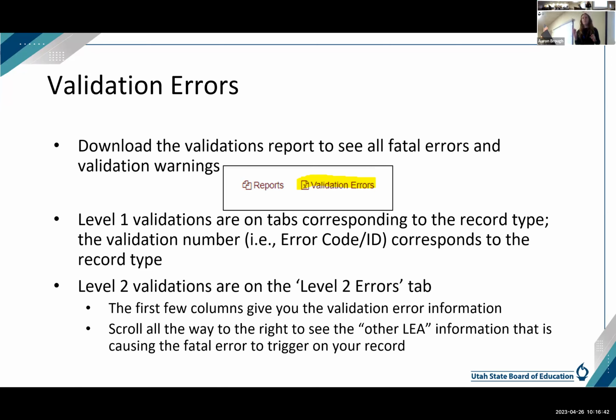The first few columns will give you the validation error information. And if you scroll all the way to the right, you'll see a column called Other LEA Name. That information is providing the LEA that is triggering the error on this level 2 validation.